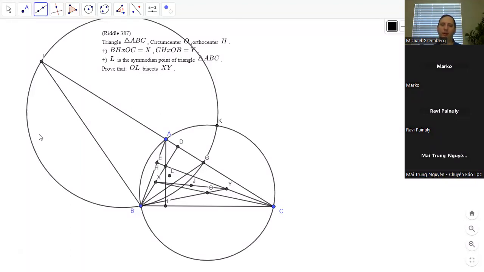It's a set of all points where, like every point on it, the angle bisector meets the side at the same point. Yeah.